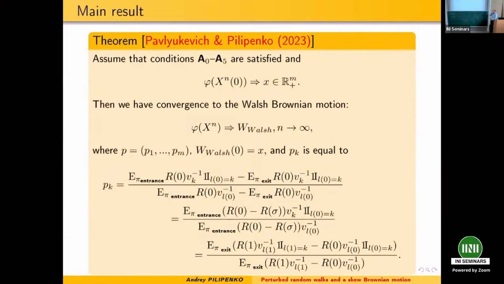In this formula, the distribution of L0 is pi entrance, and the distribution of R0 is pi exit. They have different distributions, the stationary distributions of entrance or exit. Sometimes we can calculate them, and I'll show some examples.